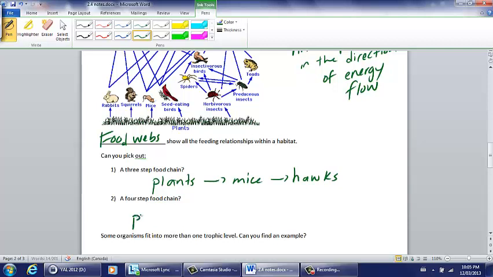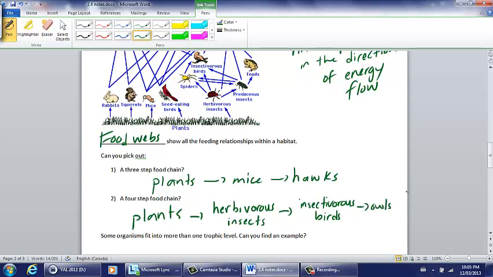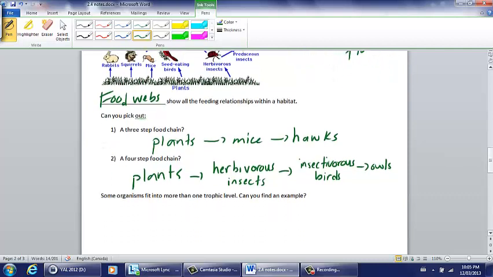I'm going to choose one that goes plants to the insects that eat plants, which are called herbivorous insects, to the birds that eat insects, which are called on this diagram insectivorous birds. And these birds may be eaten by owls. Some organisms fit into more than one trophic level. Examples of this on our food web are hawks and owls.